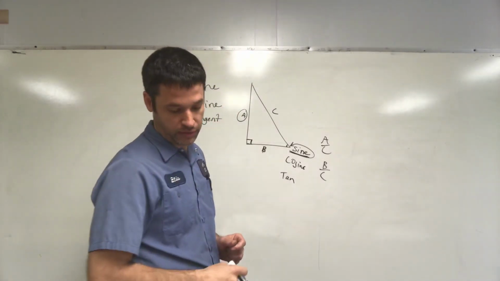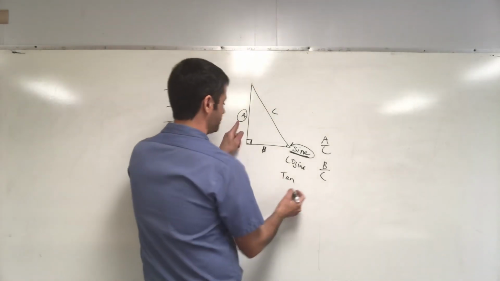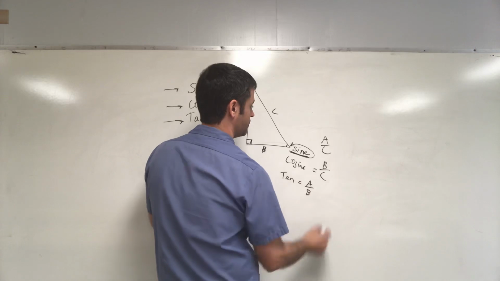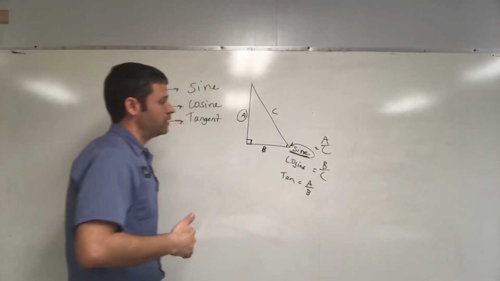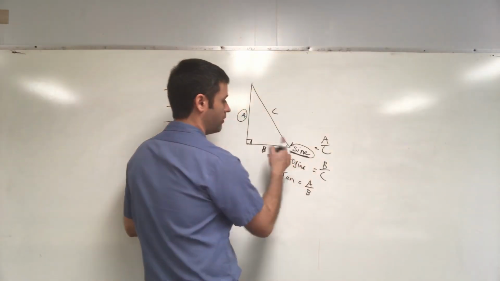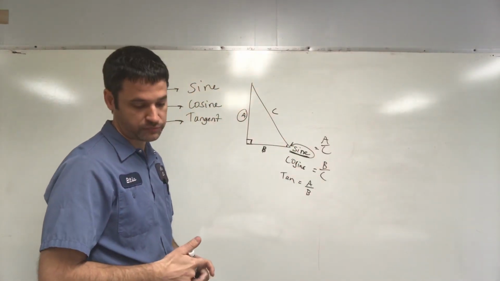So the tangent of this angle is opposite over adjacent. Opposite A over B. Anytime you use sine, cosine, or tangent, you are always using it depending on the perspective. You're always looking at the perspective of this angle.